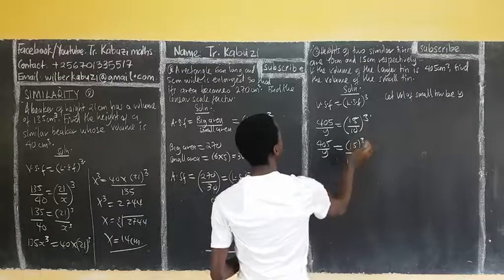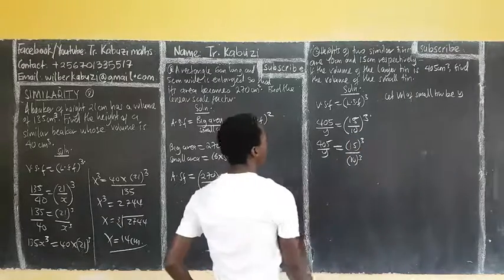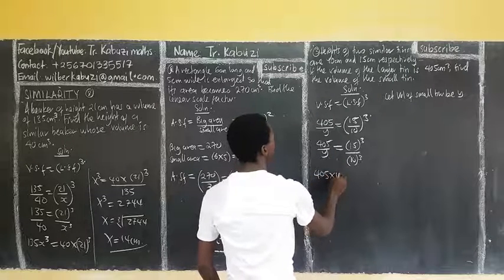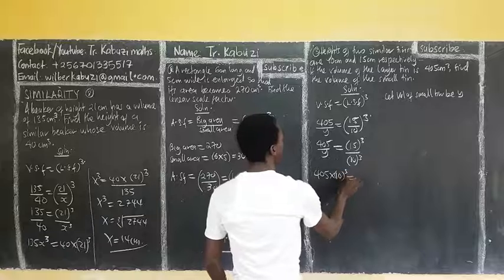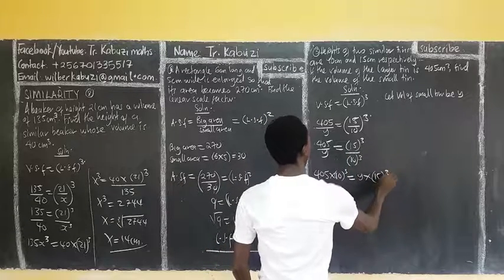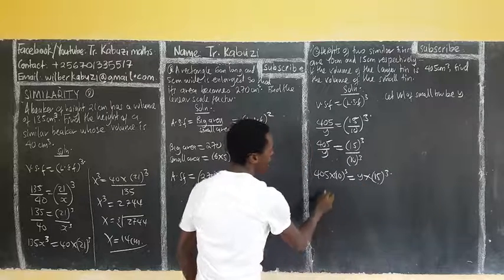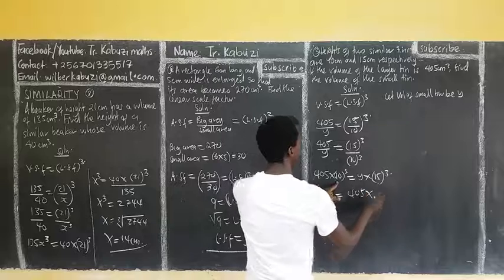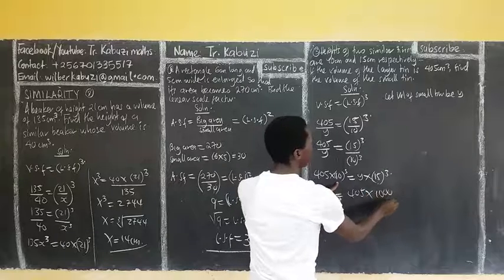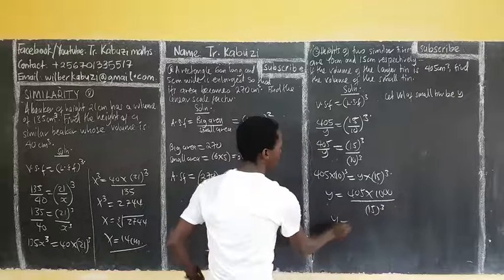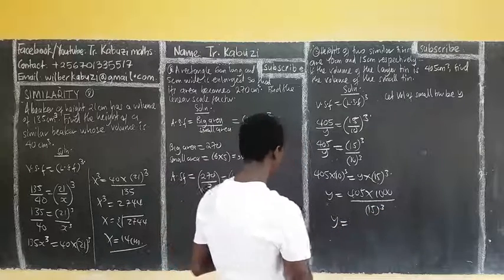If you want to make y the subject, we shall cross multiply. So 405 times 10, the whole cubed, will be y times 15 cubed. And so here my y will be 405 times 10 cubed, which is 1000, over 15 cubed, and you get your y.